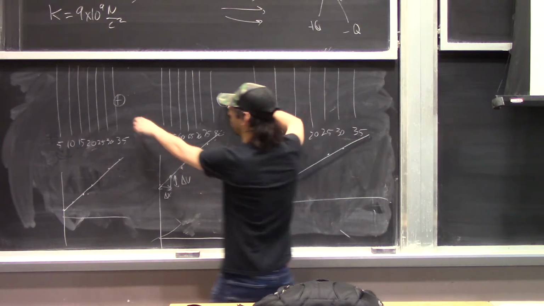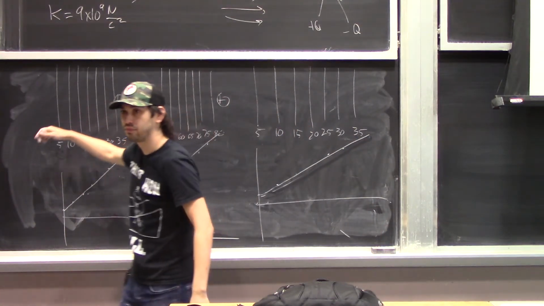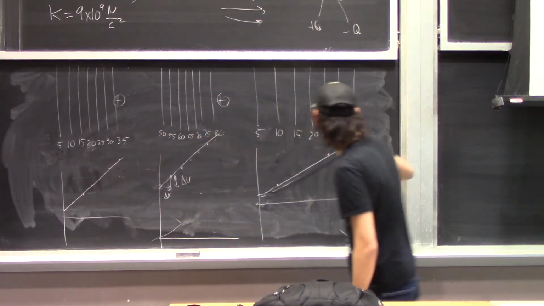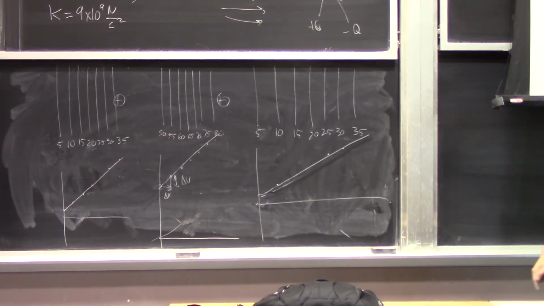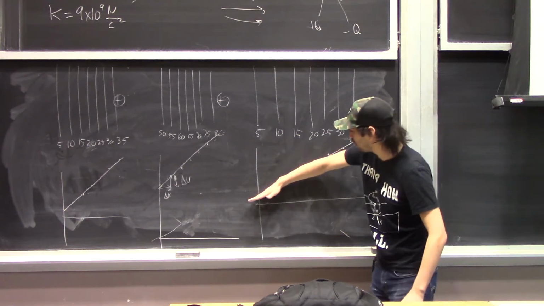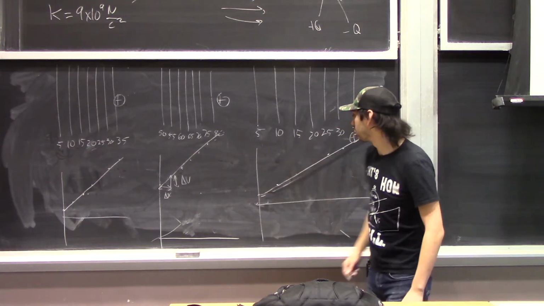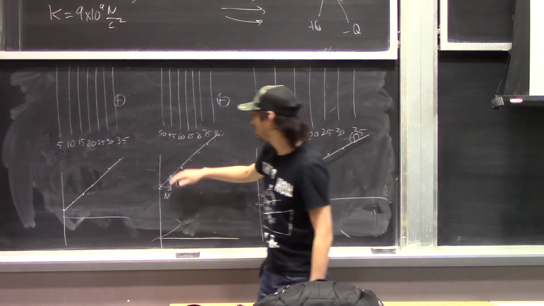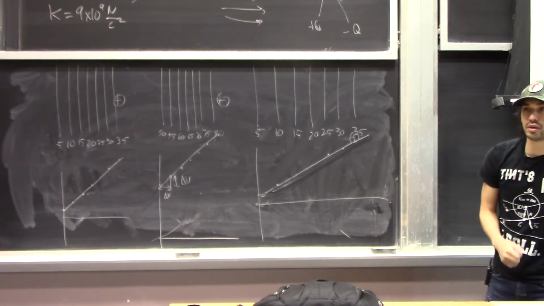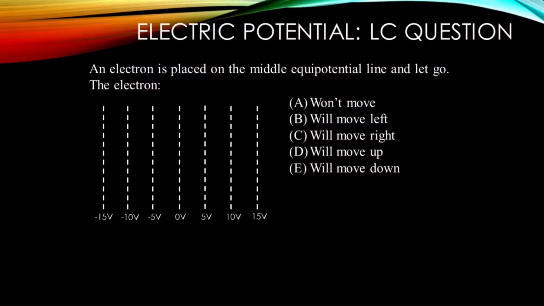And so this one and this one actually behave exactly the same. It's like they're going down a hill with the same slope. This one, on the other hand, is going to be different. Because the hill is not as steep as these ones, it is going to be slower than these ones. Okay? Any questions about that? Okay.